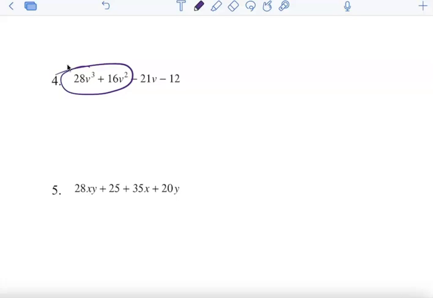Second 2, again, we have that negative, so we have to make sure whatever the common term is, we pull the negative out. So it looks like it's negative 3, and that would leave me a 7v plus 4. First 2 together, 4v squared minus 3. Second 2, their own. Done.